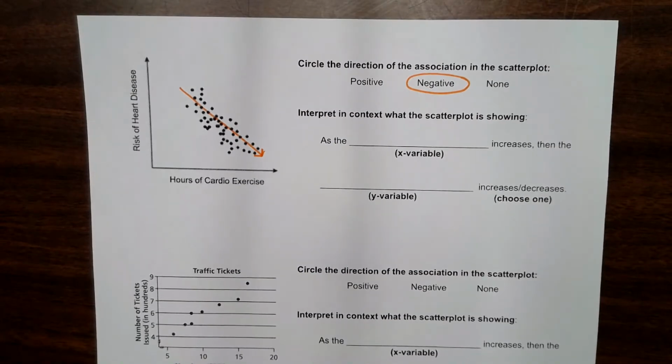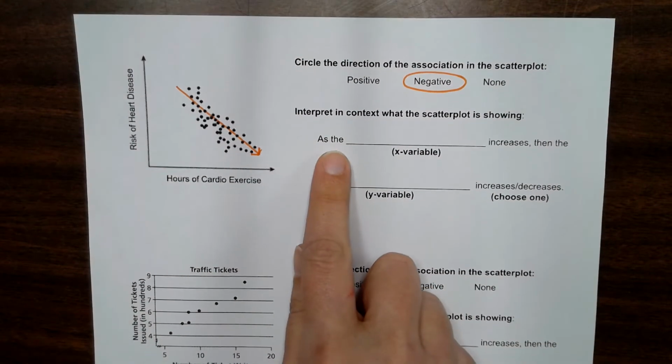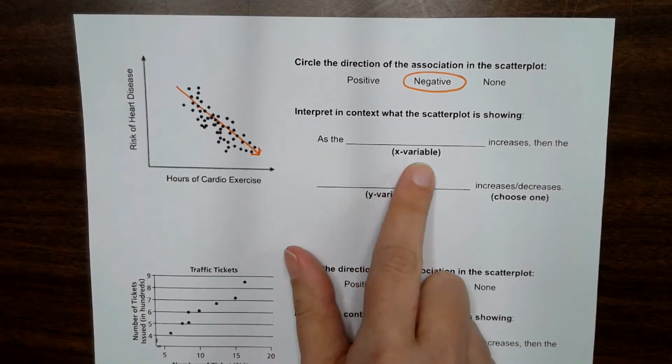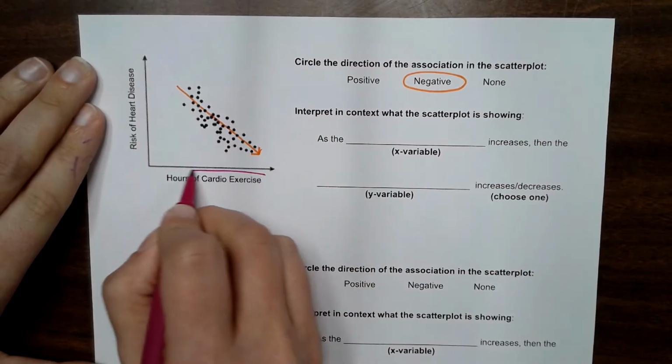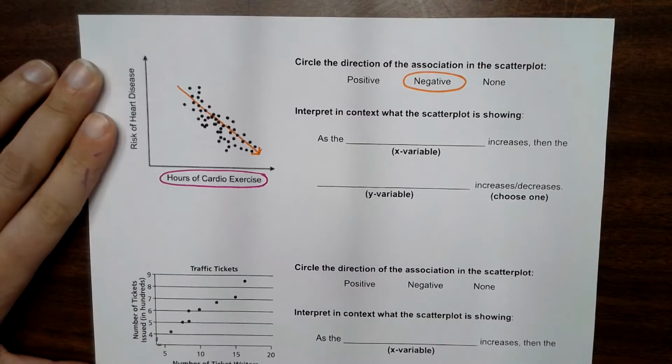Now, if I want to interpret what this means, we would say as the, and we're going to fill in whatever the x variable is in this problem. In this problem, the x variable is the hours of cardio exercise.